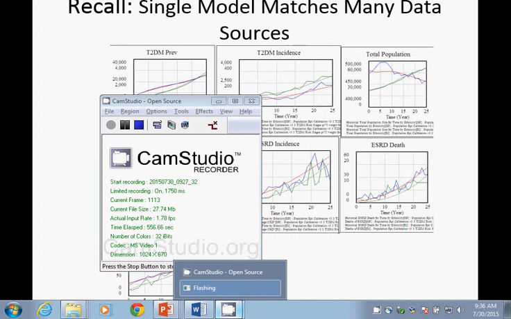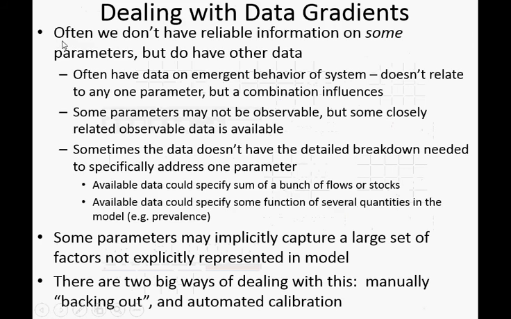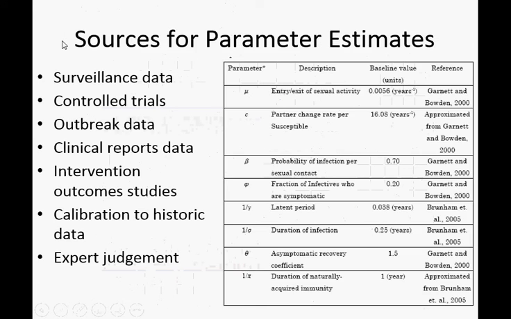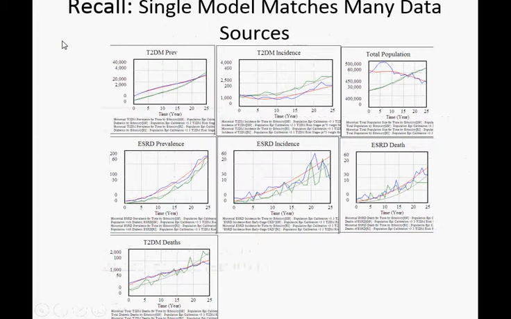In general, we perform this for matching not just one particular time series, but we may match several lines of data. They could be time series, they could be specific data points, or they could be qualitative features of the situation. We know, for example, the rate in men is higher than the rate in women, and we discard runs or parameter assumptions where that's not the case. So here we're running the model again and again, trying to find parameter values that yield the best match to what may be very noisy values.